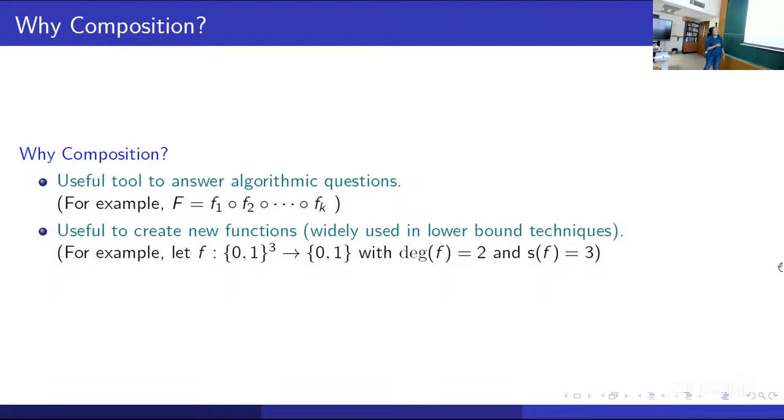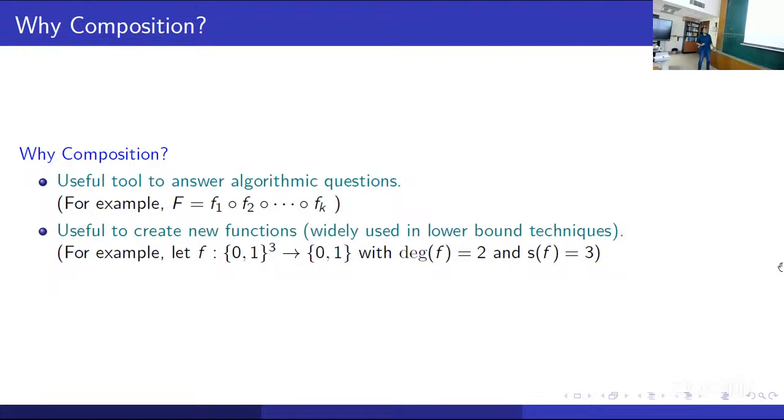Here is an example. Suppose I want to create a function where degree is low and sensitivity is high. Directly coming up with such a function is hard. But there is already an example on a 3-bit function where degree is 2 and sensitivity is 3. Now you can combine this function, say, d many times.